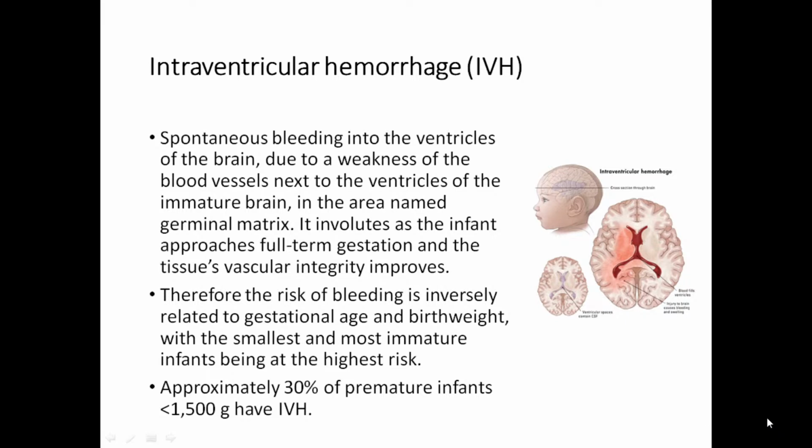Therefore, the risk of bleeding is inversely related to gestational age and birth weight, with the smallest and most immature infants being at the highest risk. Approximately 30% of premature infants less than 1.5 kilograms, third and fourth degree in classification, have intraventricular hemorrhage.